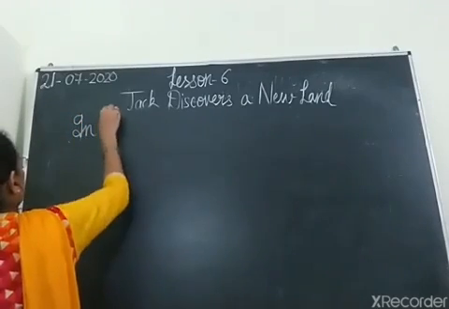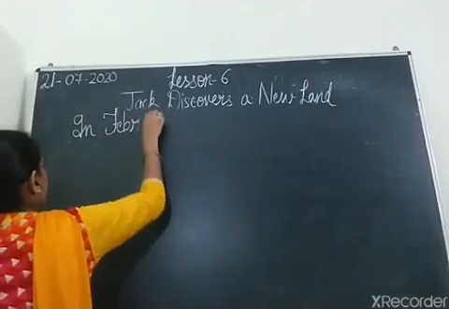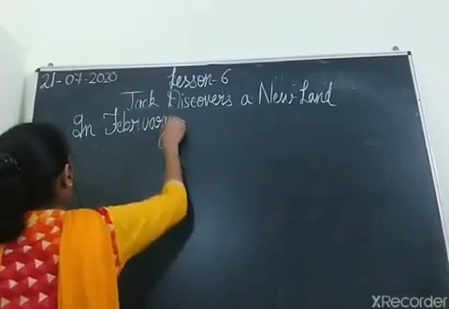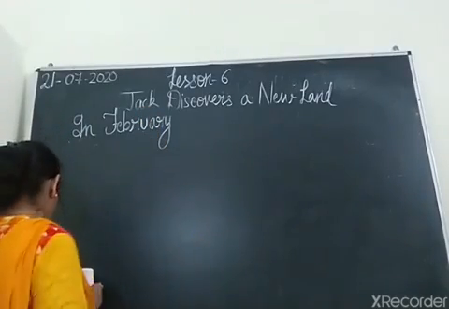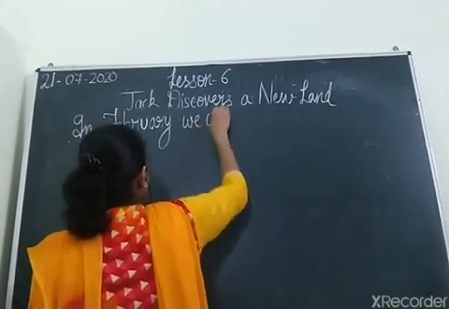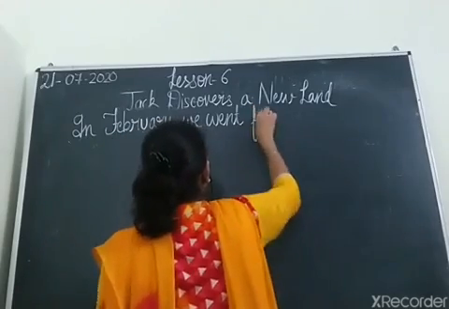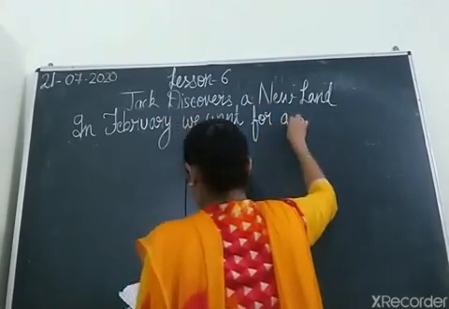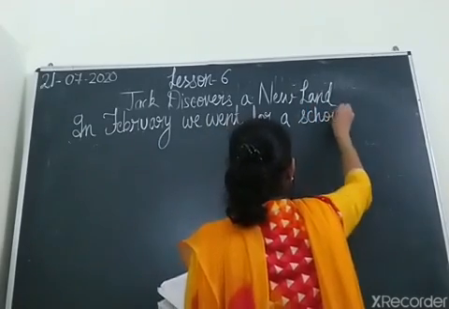In February, please write the spelling of February correctly. F-E-B-R-U-A-R-Y. In February, we went for our school picnic. We'll be using the clues.